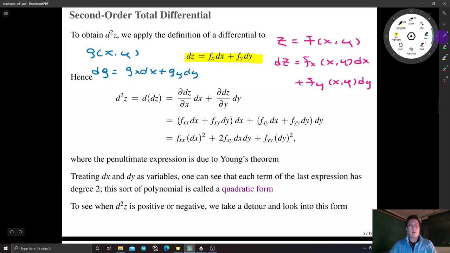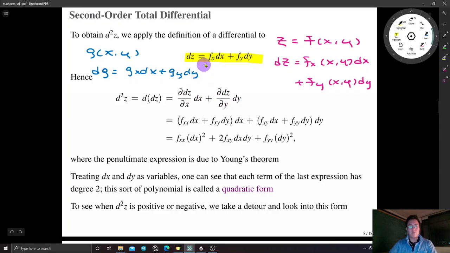Now we regard dz as a function of x and y, and we put first the partial with respect to x, multiplied by dx, and then the partial with respect to y times dy. But dz is right here.